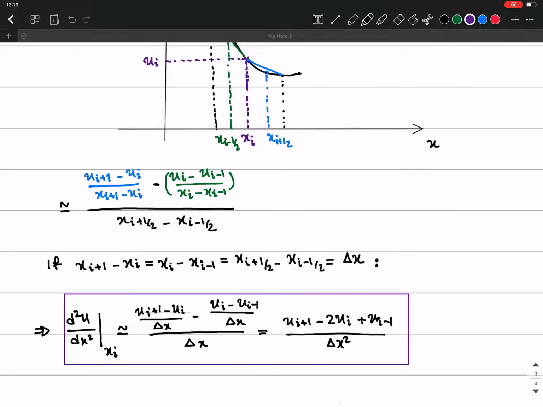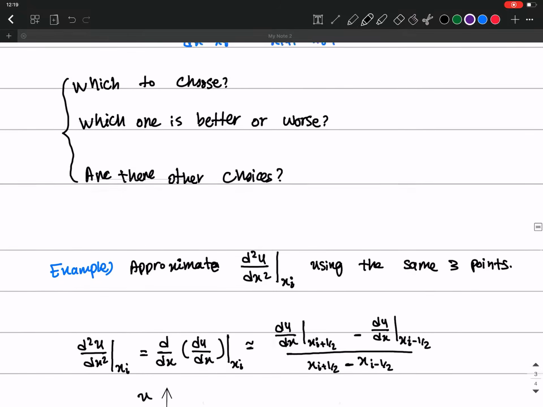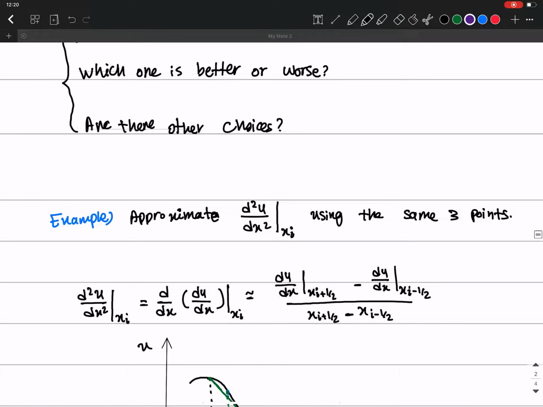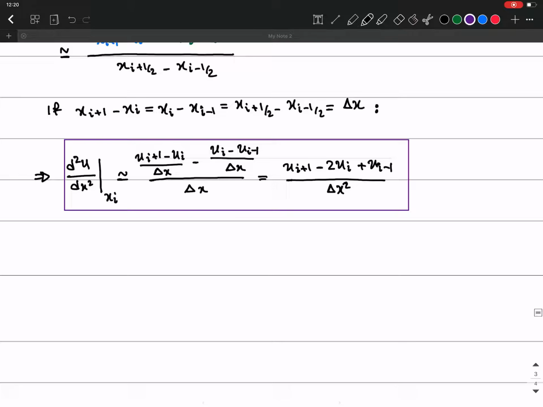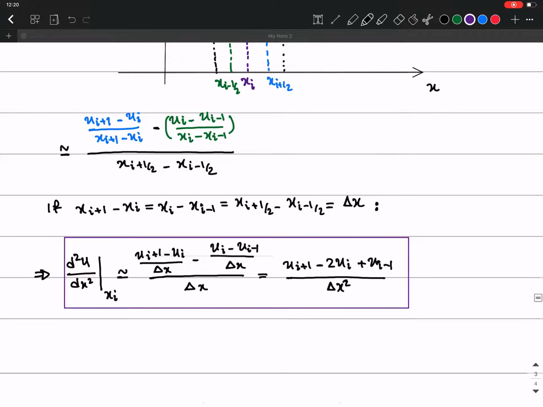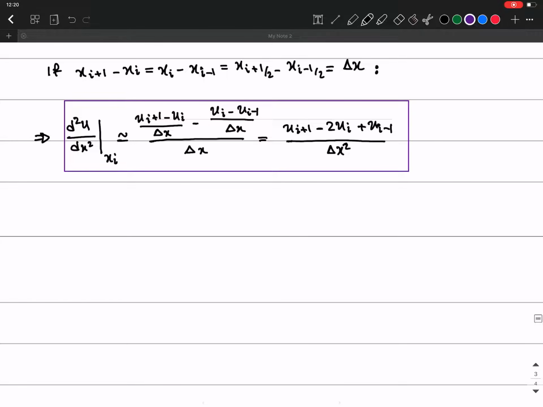It's very interesting that we got this result, and we have done this for du over dx and d square u over dx square. We will characterize the approximation errors later when we talk about truncation errors and Taylor series. Before that, I want to give you some nomenclature and operator notations, and after that we can go to Taylor series in the next lecture.